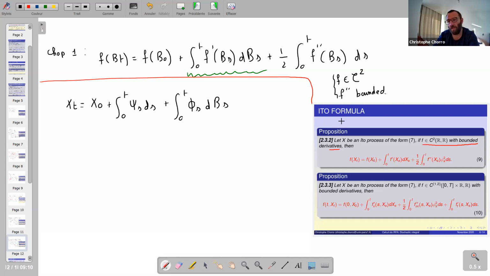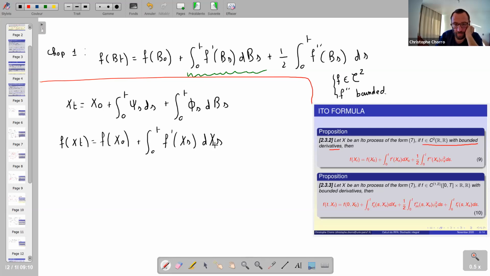This formula tells me that f of Xt is equal to f of X0 plus the integral between 0 and t of f prime of Xs dXs plus 1/2 the integral between 0 and t of f second of Xs phi s square ds, where phi square is the square of the integrand involved in the stochastic integral part of the Ito decomposition.